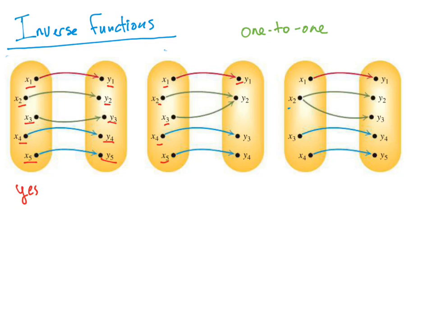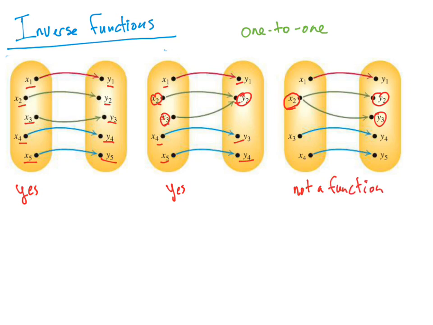So x1 goes to y1, x2 and x3 go to y2, x4 goes to y3, x5 goes to y4. Even though both x2 and x3 are going to y2, that doesn't matter because each input is only going to one output. Now contrast that with what's happening in the third relationship where x2 is pointing to two separate outputs. So we would say not a function here.